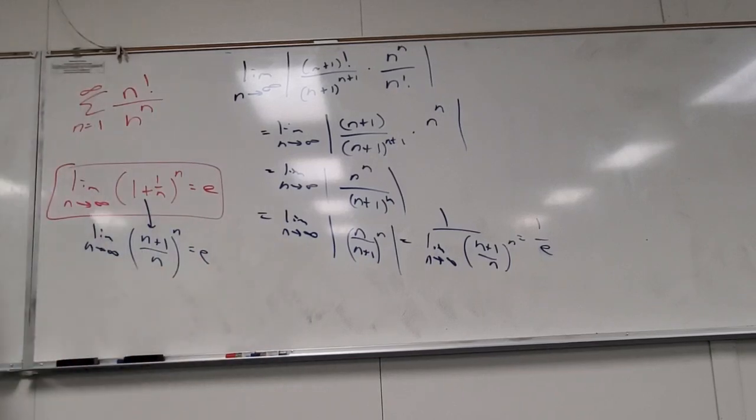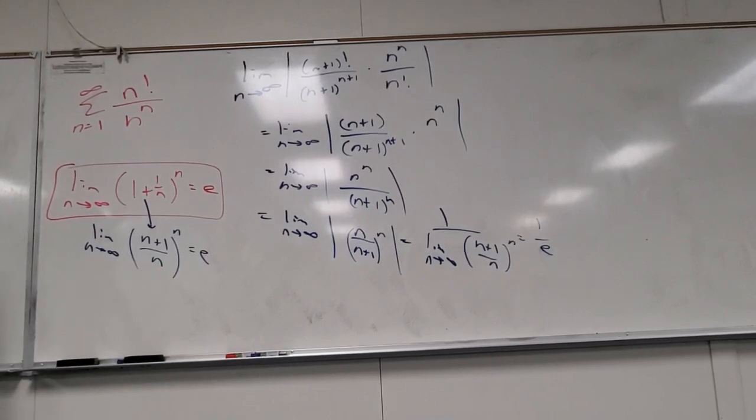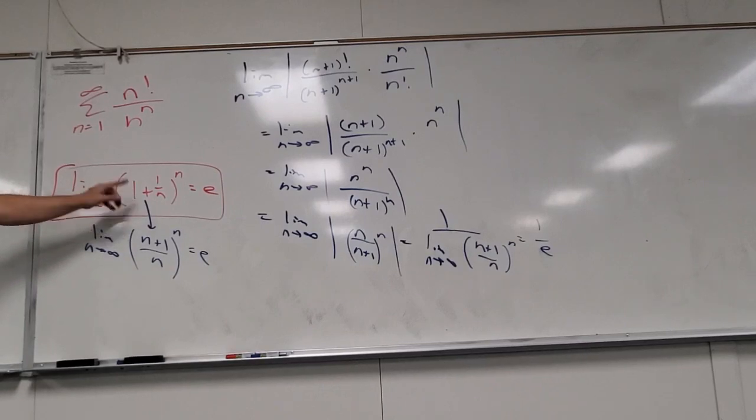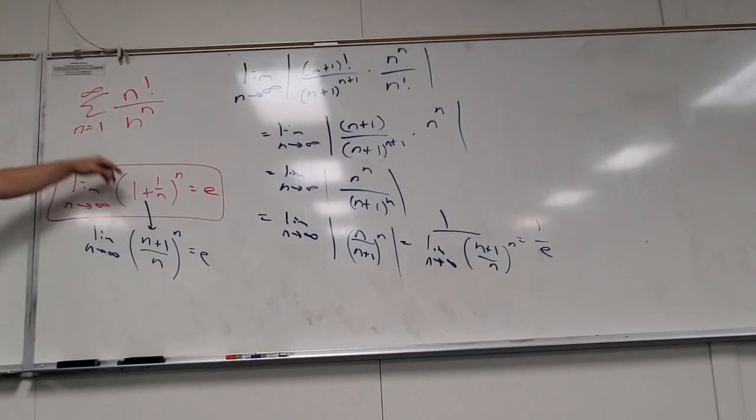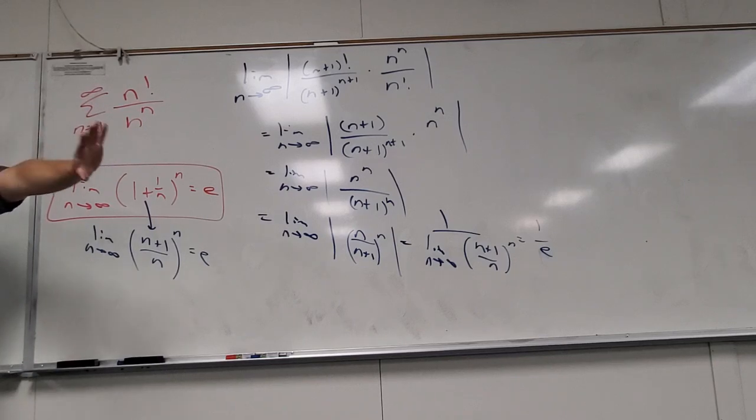Because he had done it, broke it apart, n, ln. Listen, this is hiding all the work it took to show this. And we did that work last time. We had to take a natural log, the n comes down, I needed to make it 1 over on the bottom, do L'Hopital's, all this kind of stuff.